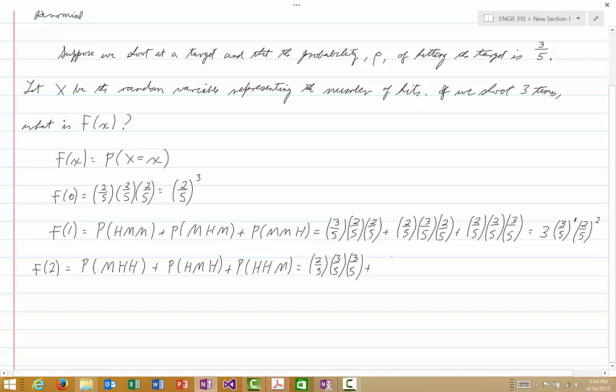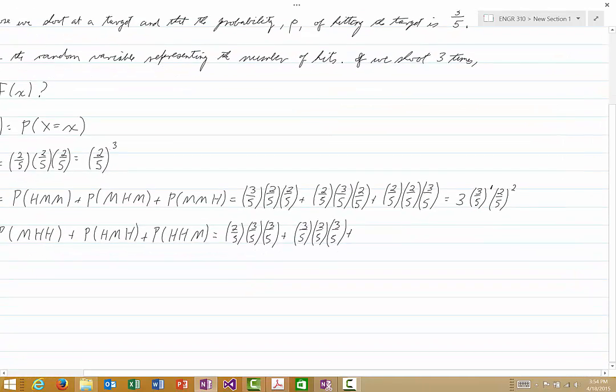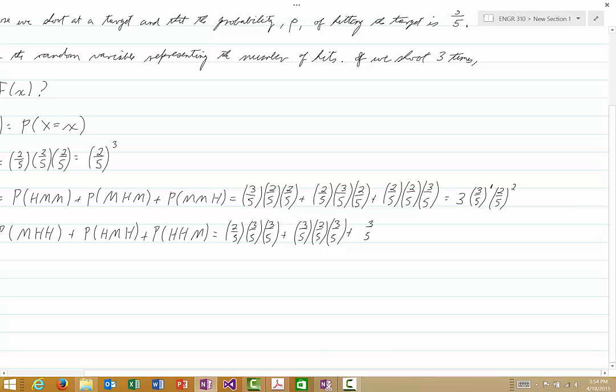For hit, miss, hit, we would have 3/5 times 2/5 times 3/5. And finally, for hit, hit, miss, we would have 3/5 times 3/5 times 2/5. Just as in our previous calculation, all three of these probabilities are the same, and so we can write this as 3 times 3/5 to the second power times 2/5 to the first power.